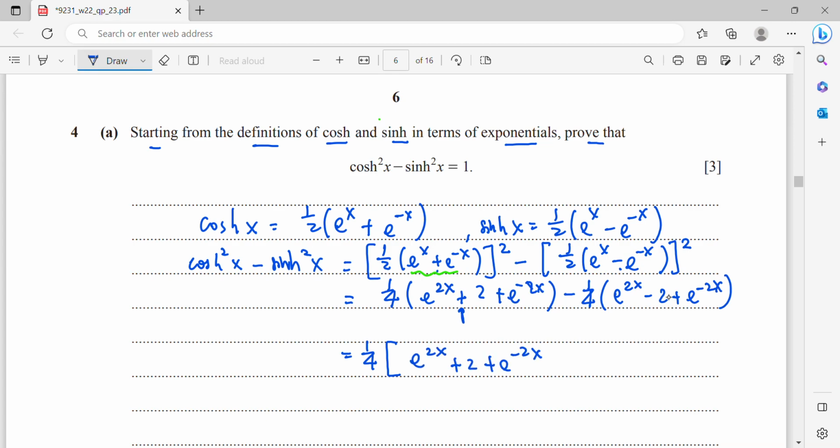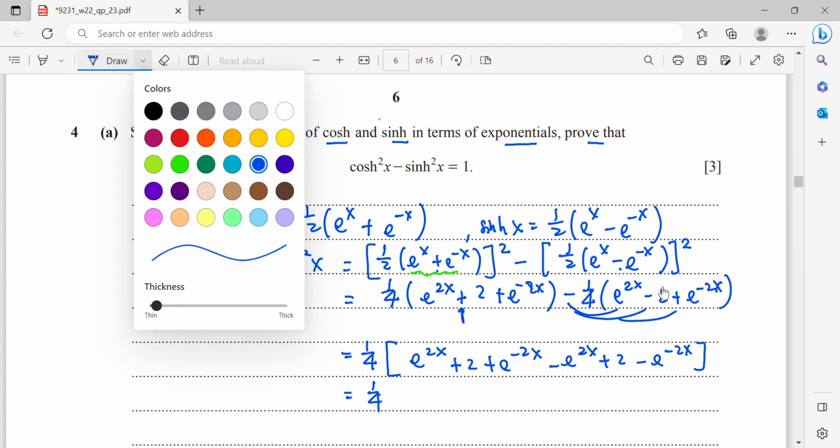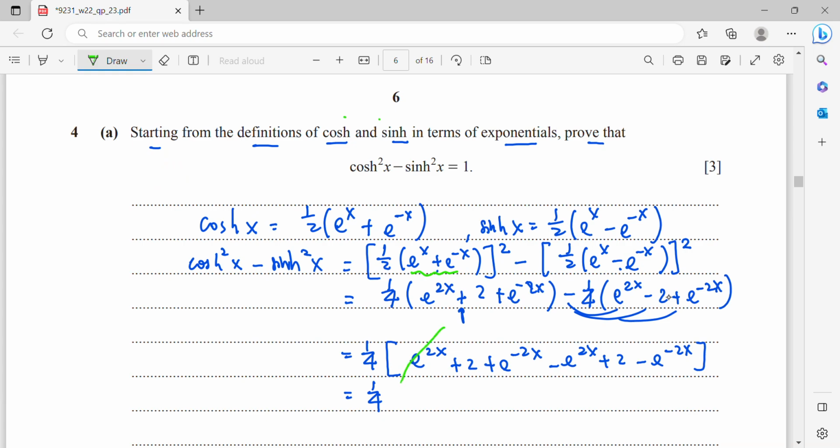Bring in the minus, times in the minus. First term will be minus e^(2x). Second term is plus 2. Third term is minus e^(-2x). So now, I will simplify the terms. So, e^(2x) cancel. Then the e^(-2x) also cancel. Okay, so left just 4. 2 plus 2, which is 4. And hence we get 1. So this is how we prove the identity.